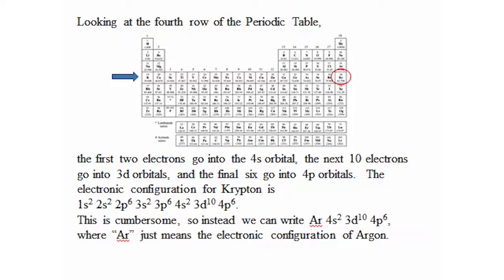This is cumbersome, so instead we can just write argon, Ar, 4s squared 3d to the 10th, 4p to the 6th, where Ar just means the electronic configuration of argon, which takes care of the first and second shells, the 3s squared and the 3p to the 6th.